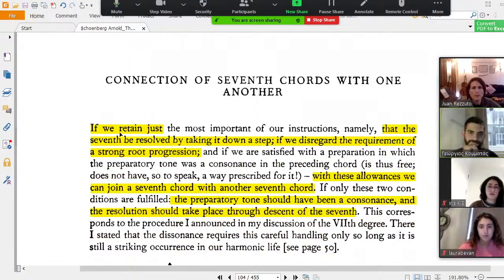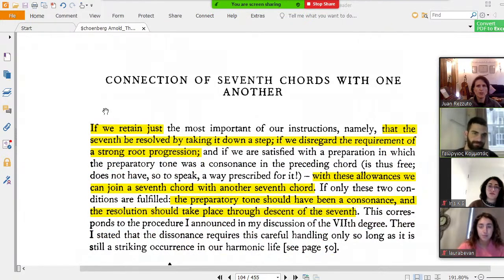Okay, so look, in a nutshell: connection of seventh chords with one another. If we retain just the most important of our instructions, namely, that the seventh be resolved by taking it down a step, and if we disregard the requirement of a strong root progression, because remember, what was the rule here?